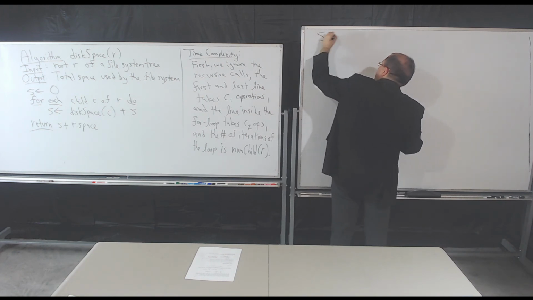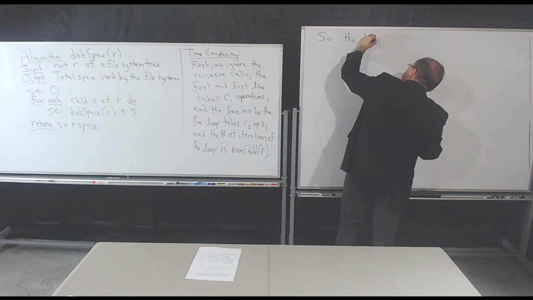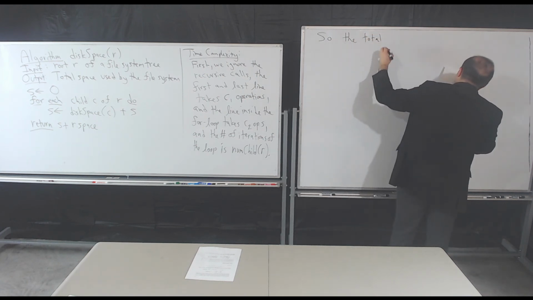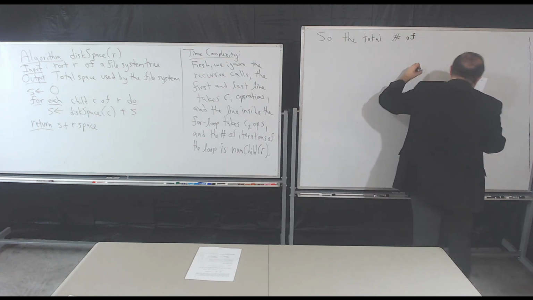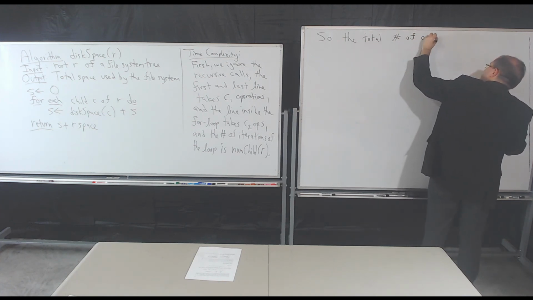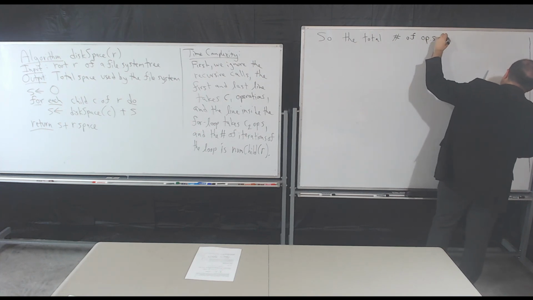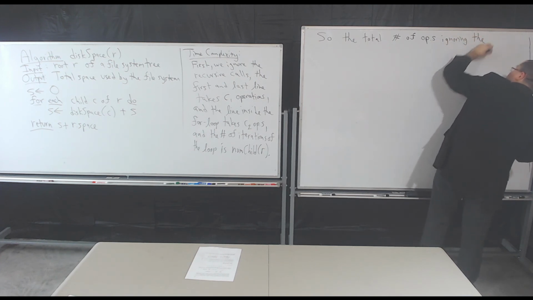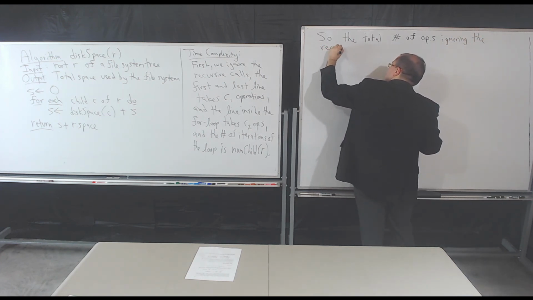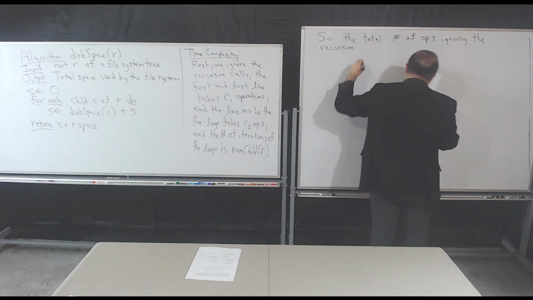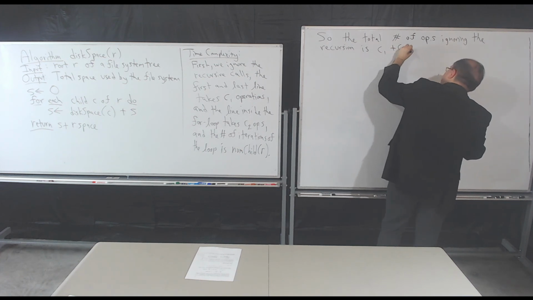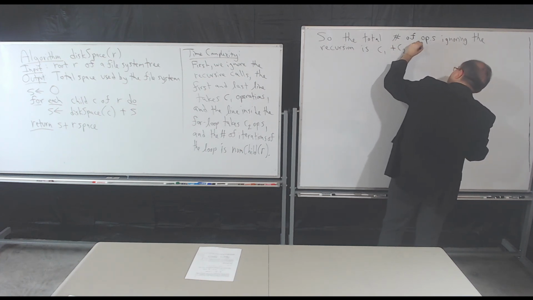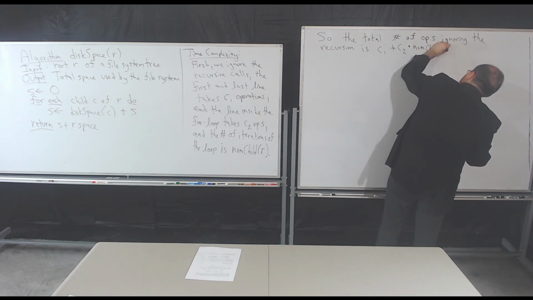So I'm going to say the total number of operations ignoring the recursion is C1 plus C2 times numchild of R.